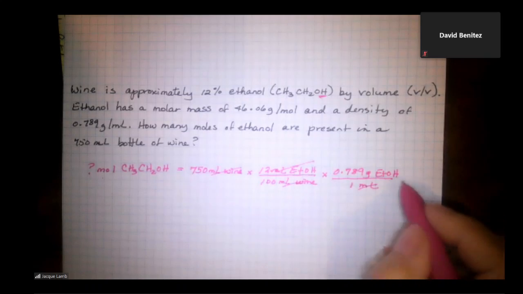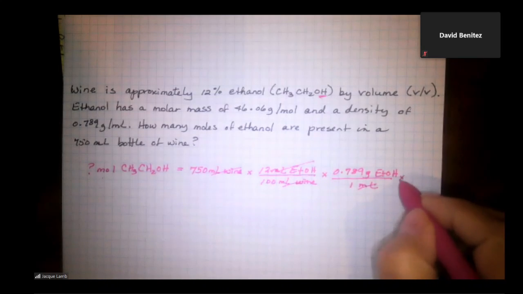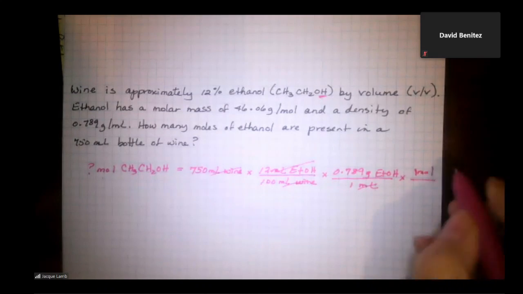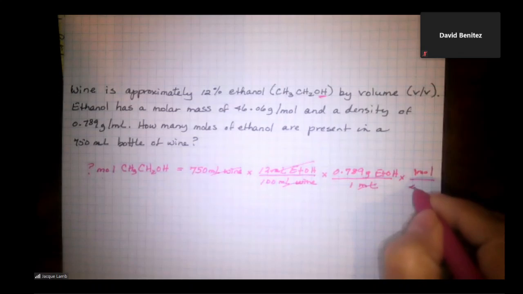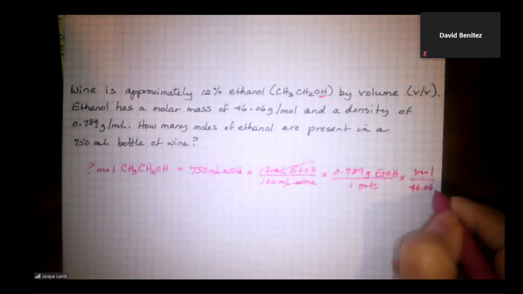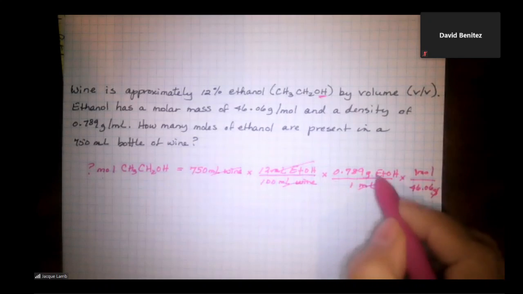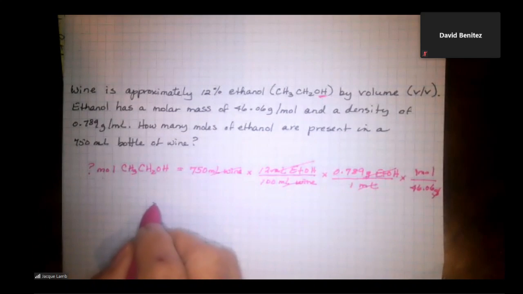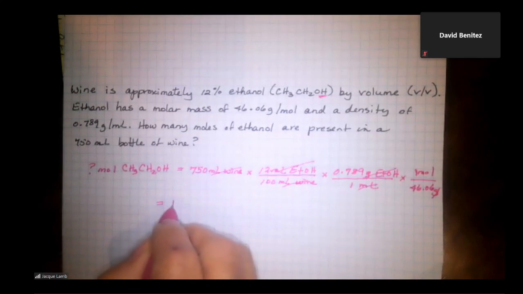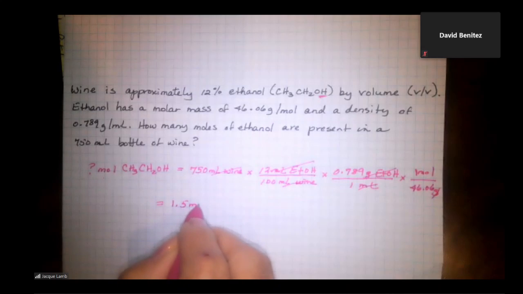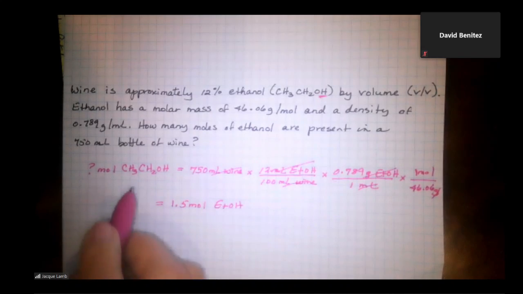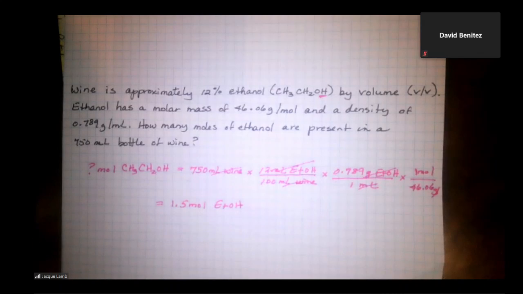And then I'm going to multiply that by 1 mole per 46.06 grams. So that allows me to convert grams to moles. When I do that math, I find out that you have 1.5 moles of ethanol in a 750 milliliter bottle of wine.